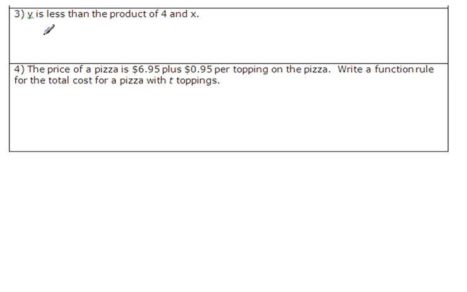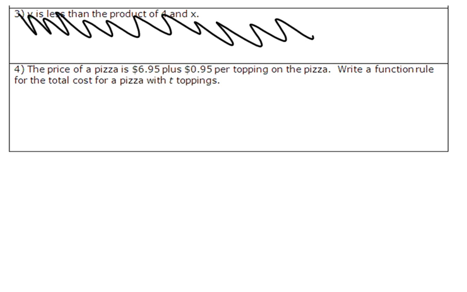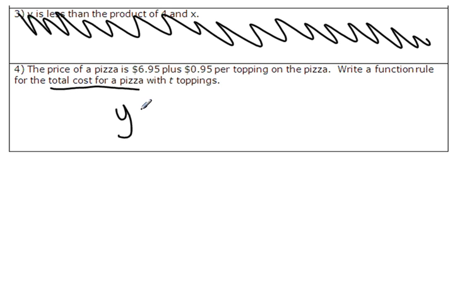Now, we're going to go ahead and skip 3, so you guys can cross that out. We're going to look at 4. It says the price of a pizza is $6.95 plus 95 cents per topping on the pizza. Write a function rule for the total cost for a pizza. So again, I'm looking at my total cost for a pizza with T toppings.